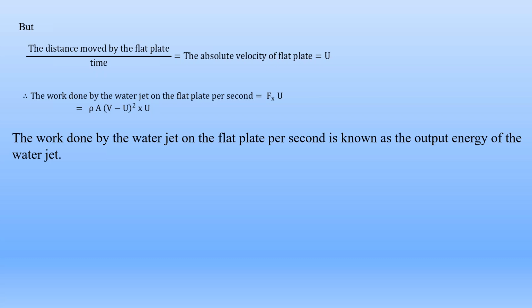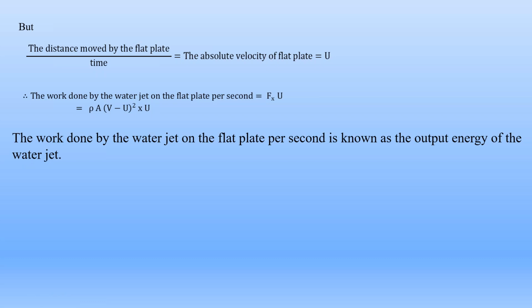Please everyone listen to this carefully. In this moving plate condition, we call the work done by the water jet on the moving plate per second the output energy of the water jet. So that is the output energy. This output energy of the water jet is the work done by the water jet on the moving plate.